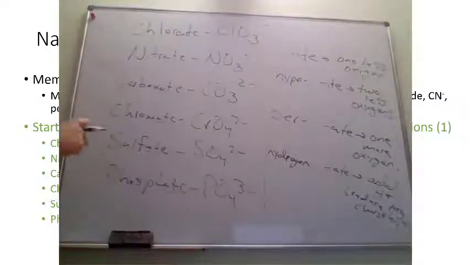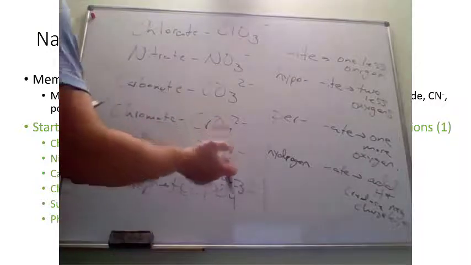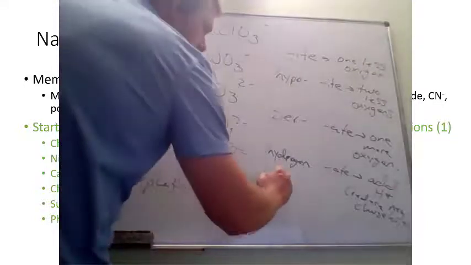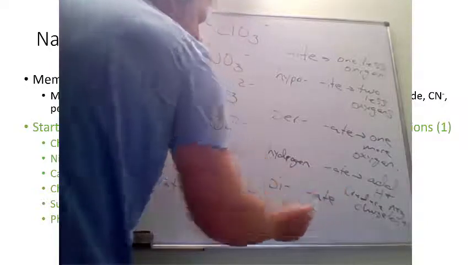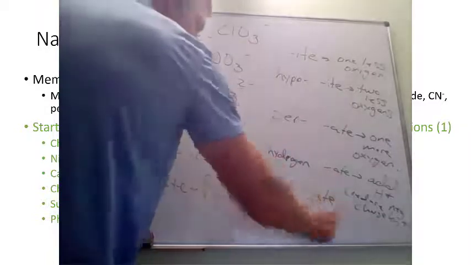So hydrogen sulfate, we would add an H and then we would reduce the negative charge from 2 minus to 1 minus. And sometimes you'll see this hydrogen ATE also called bi as a prefix, then ATE. So bisulfate. Either one of these are interchangeable.